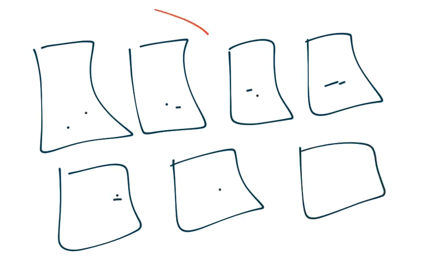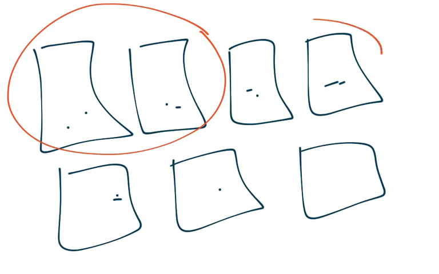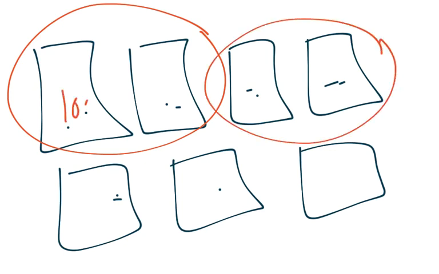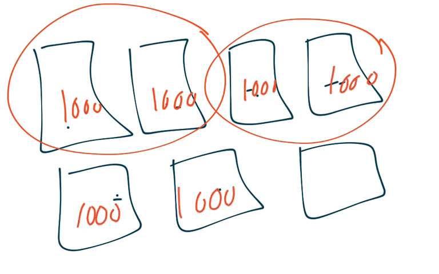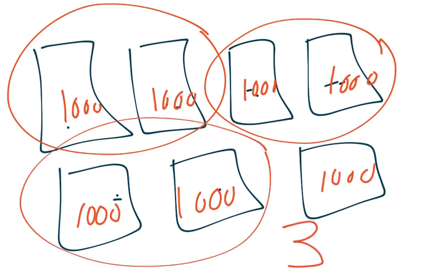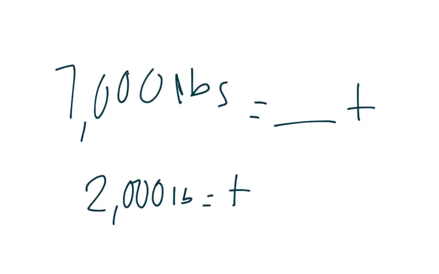It takes 2,000 pounds to make a ton. So each of those was 1,000. So I know that there's 3 tons, and then there's a half a ton. So there's 3 tons and 1,000 pounds, or 3.5 tons.